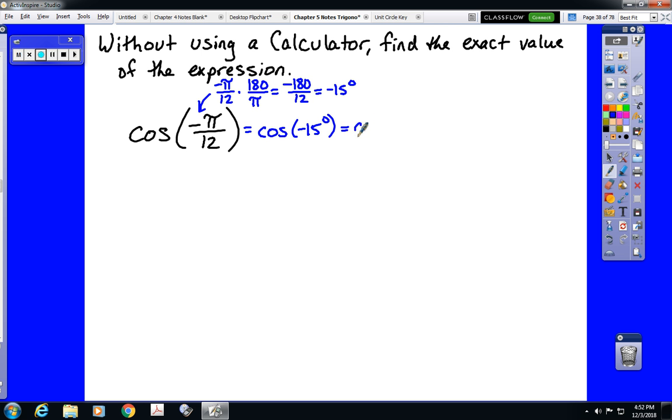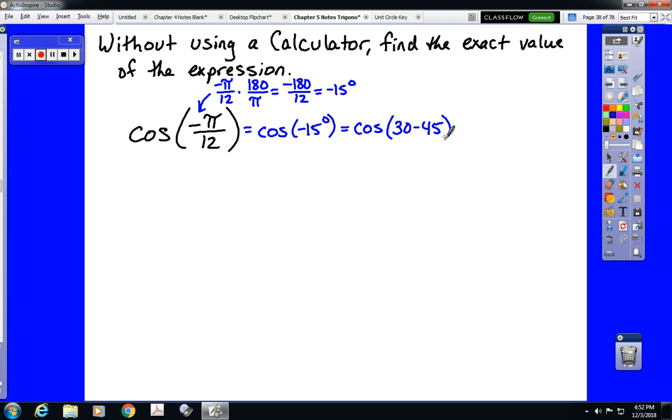As for the value itself, we need two values from the unit circle that subtract to negative 15 degrees. And it doesn't matter at all which two you use. You can do 120 minus 135. You can do 210 minus 225. The easiest one would be 30 minus 45.